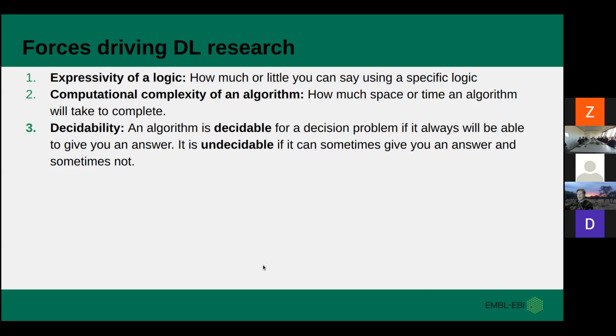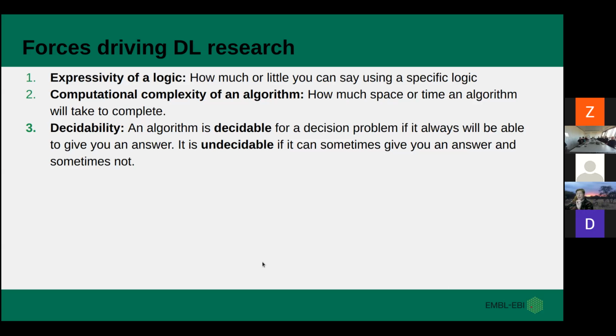Decidability is about a decision problem, the ability to answer a decision problem. A decision problem gives a question, and decidability gives an indication of whether this question can be answered.